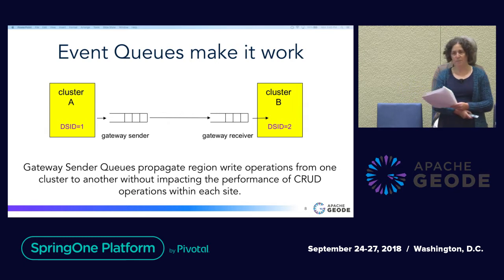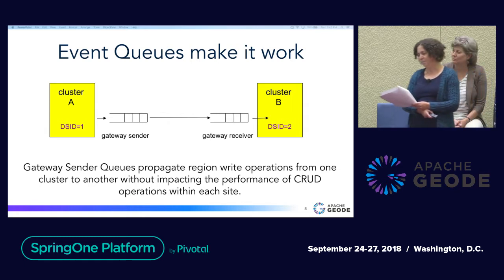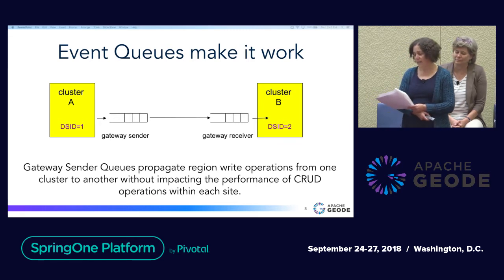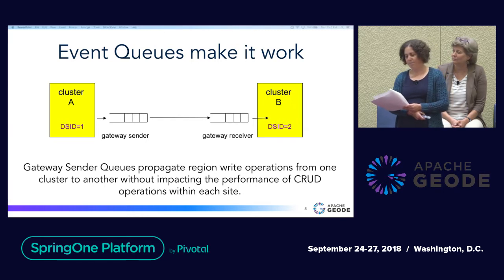Here are some quick implementation details you want to know. Each cluster is assigned a distributed system ID, or DSID in our diagrams. There will be one gateway receiver per server. Each gateway sender gets paired with a remote cluster by specifying the remote cluster's distributed system ID.